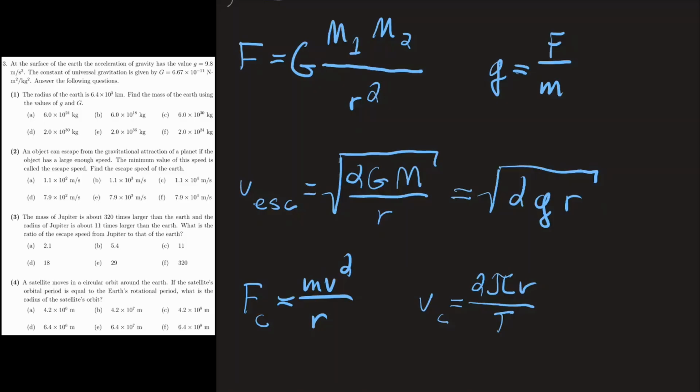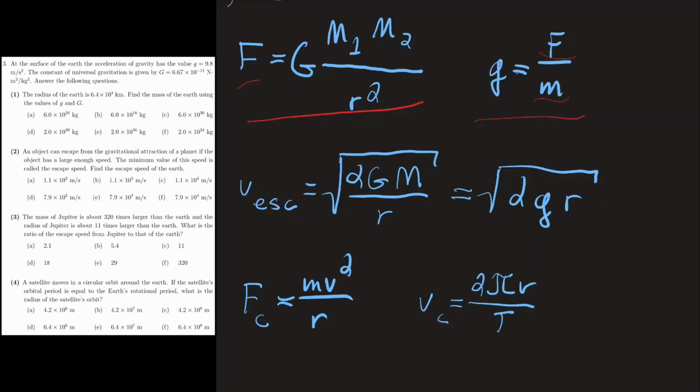First thing you need to know is this equation, which I think is the first thing you will learn when studying gravitational forces. Then you also need this equation right here, which says that small g, the acceleration due to gravity, is just the force of gravity, which is found by the first equation right here. These two F's are the same, divided by the mass of the object that the acceleration due to gravity is being applied on.